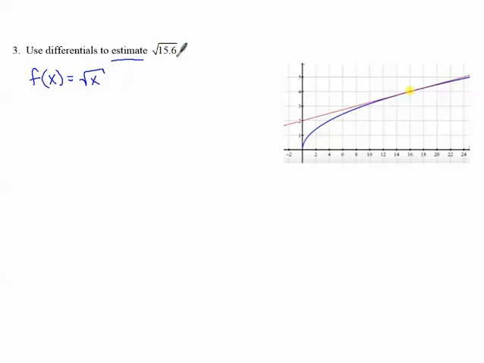Well, what is a number close to 15.6 that is a perfect square? 16. So x will be 16. How far off of 16 is 15.6? 0.4 subtracted from 16. So our change in x, or our differential of x, dx, is negative 0.4.